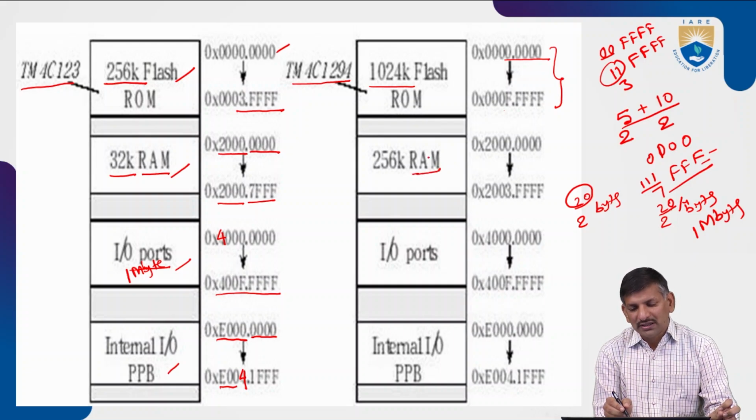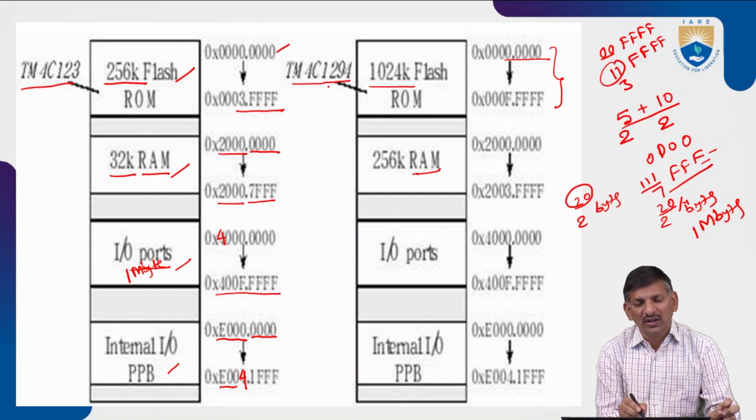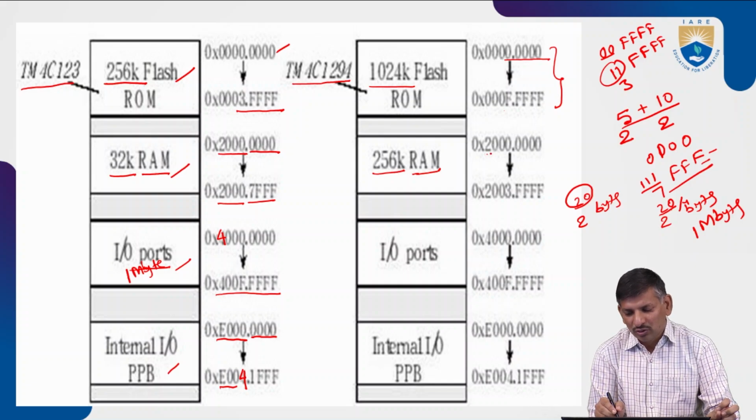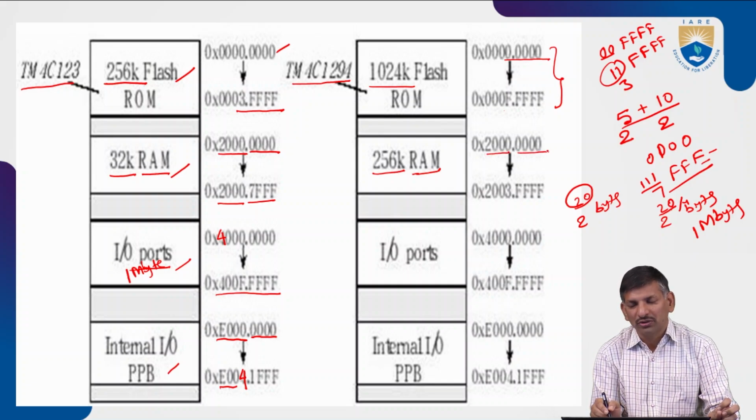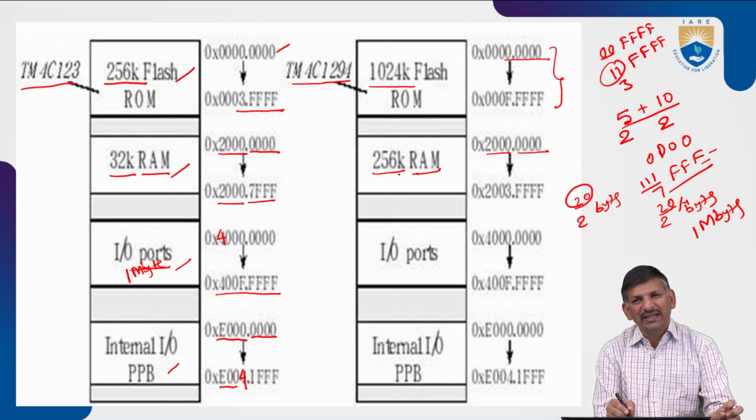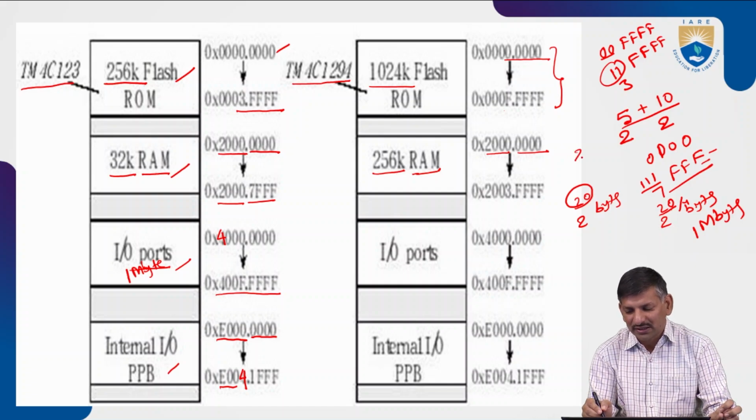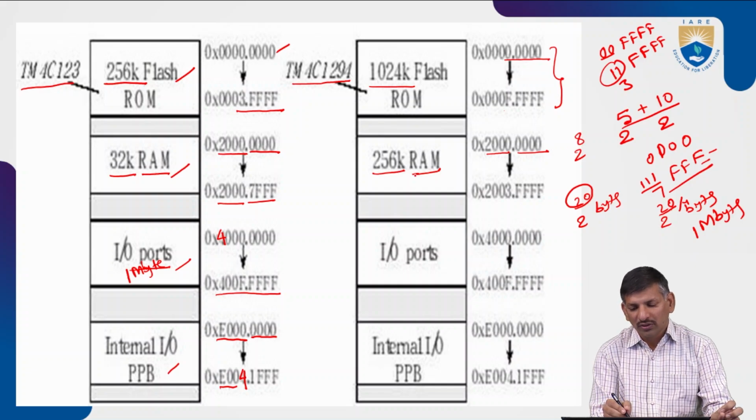Next, RAM. The RAM capacity in the TM4C1294 is 256 kilobytes. So starting address is 20000000. 256 kilobytes means 256 is 2 power 8, kilo means 2 power 10, total 18 bits required.